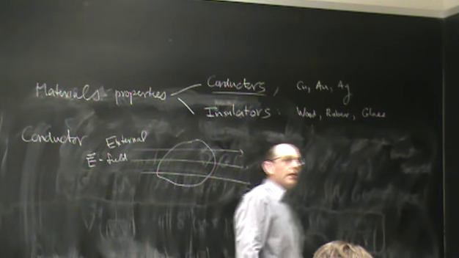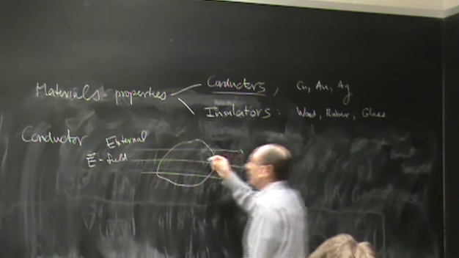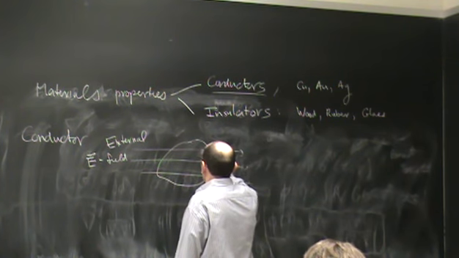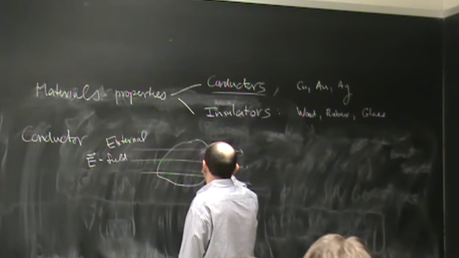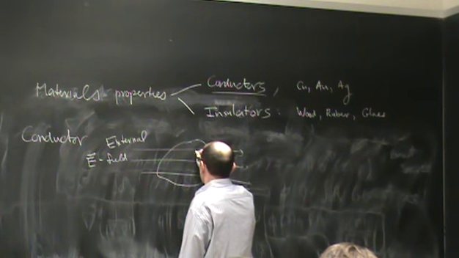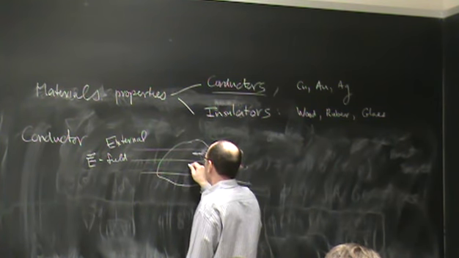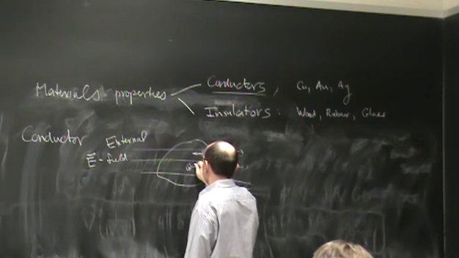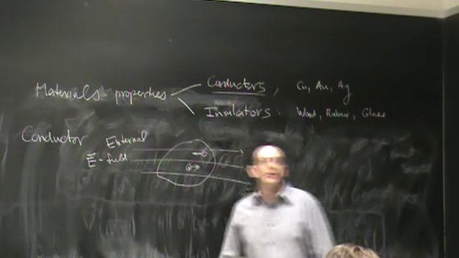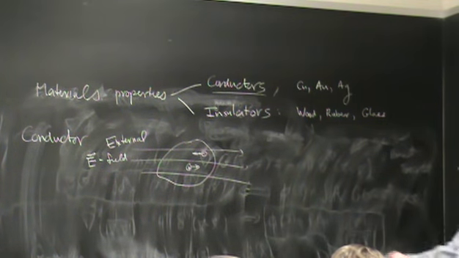Well then, what's going to happen, of course, is all the mobile negative charges move in one direction, and all the holes move in the other direction with the electric field.